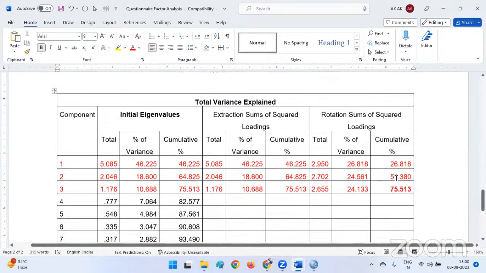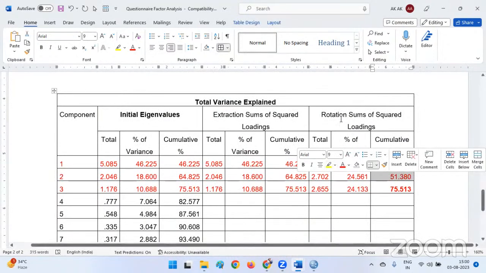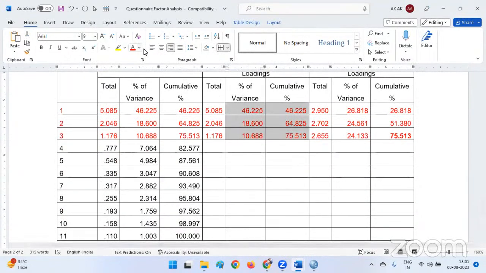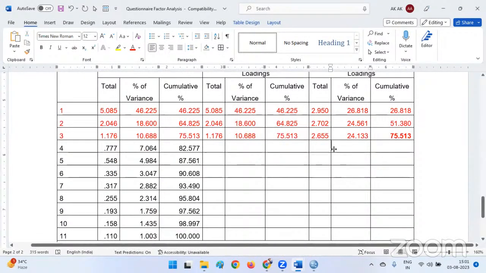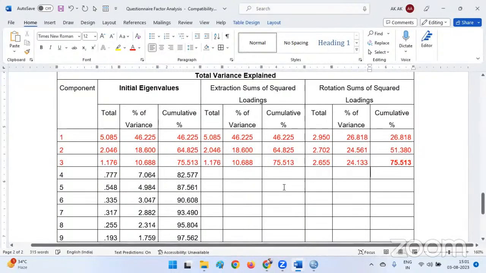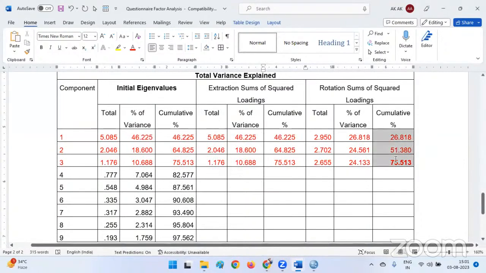Now, what is this variance, variation, all this rotation, extraction? We need not go into much depth, but I will tell you. When we apply rotated component matrix, it gives a chance to all the factors for further permutations and combinations to find out the consistency in the percentage.